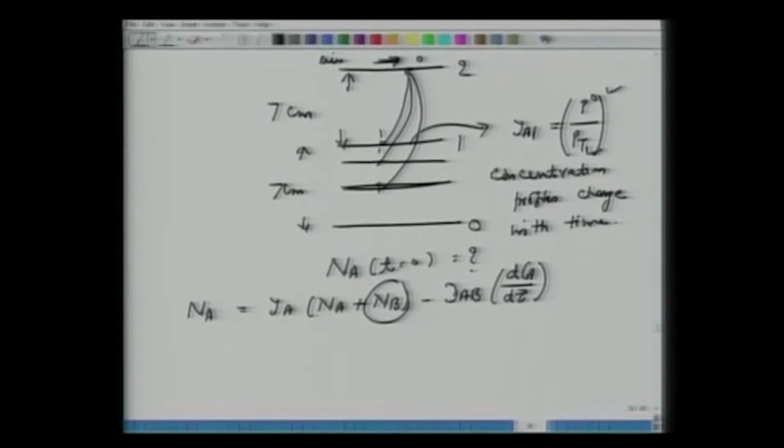So between 1 and 2 we are assuming that air is stagnant, which means we write Nb equal to 0. Now when we say Nb equal to 0, it is more important to note that Nb can also be written as Yb (Na plus Nb) minus Dab dCb over dz.